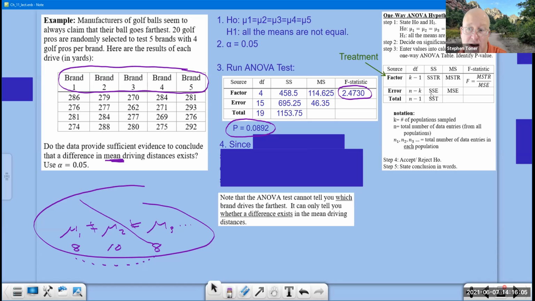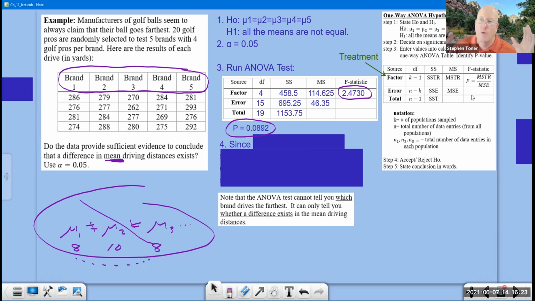In the next row, we have SSE, and then F is equal to MSTR over MSE. And so you've got all these different abbreviations with the TR, which is part of the lingo that's used when you leave this class.